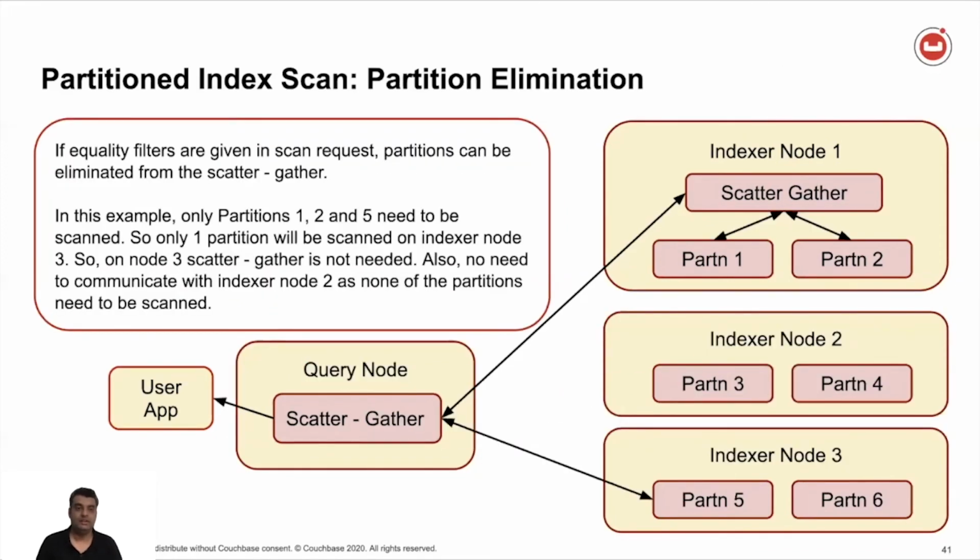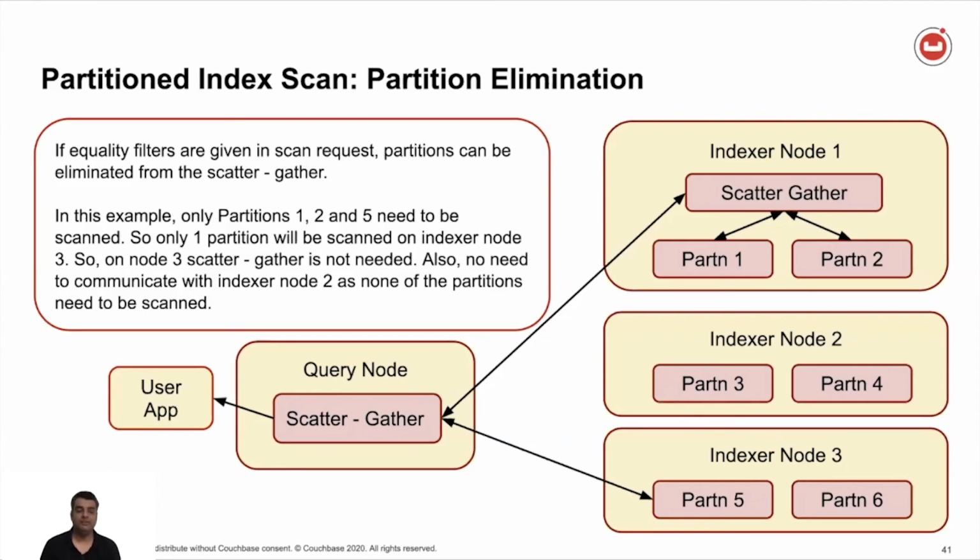As I was saying earlier, partition elimination can be used to improve scan performance. Let's take an example and see how partition elimination can help us in improving scan performance. Let's assume that there is a table, user table, and we have created an index on username.